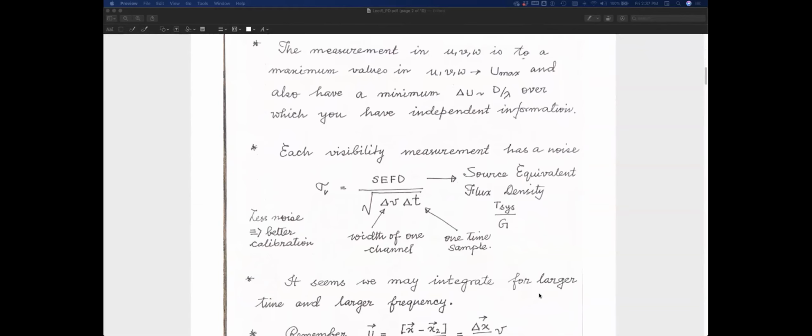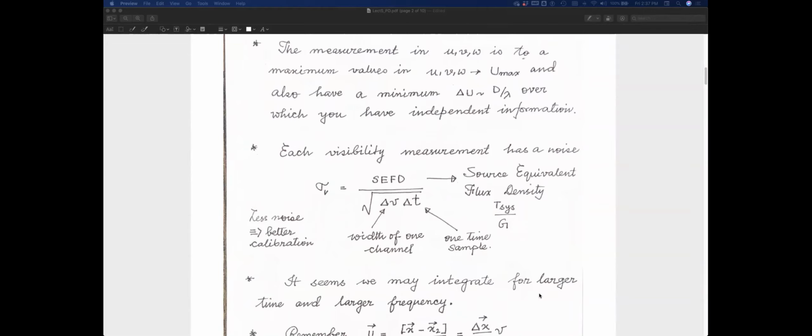Which means now I have a maximum baseline, which I call, say, Umax. Corresponding to that, I have a certain spread in my U, V, and W. Beyond that, I don't have any measurement of the visibilities. I also have a minimum baseline. Smaller than that, I don't have any independent information.